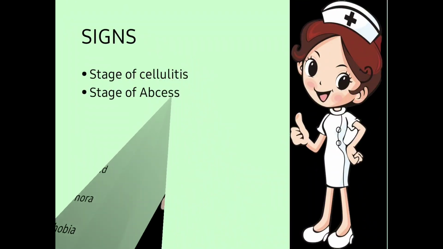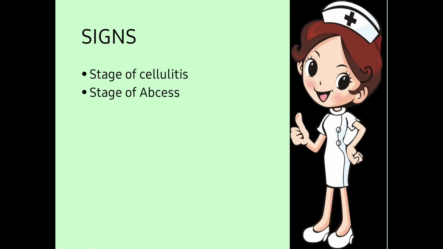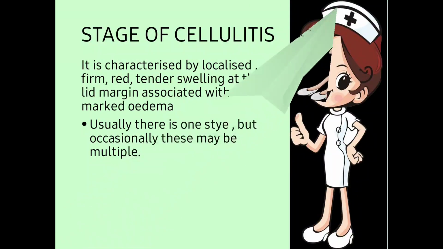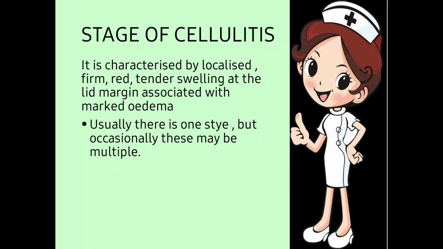Okay. Next one, signs. Signs are those which are visible to us. So two stages are here, the stage of cellulitis and the stage of abscess. Let's see one by one. Stage of cellulitis is characterized by a firm, tender red swelling at the lid margin associated with marked edema.